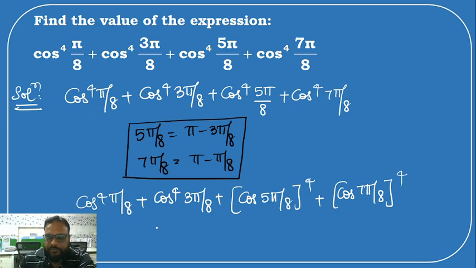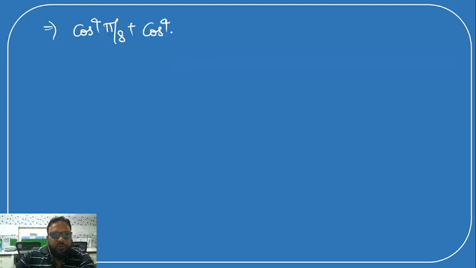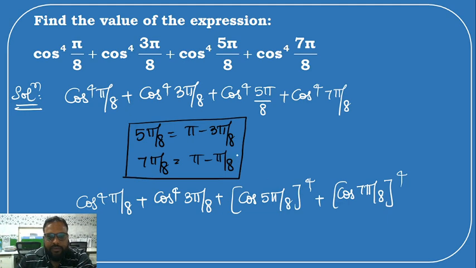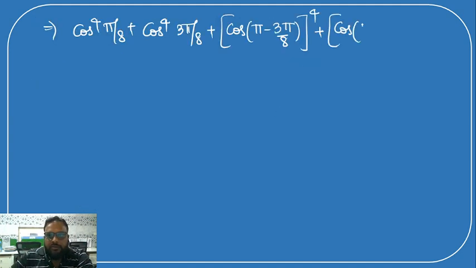Now this adjustment here, cos to the power of 4 pi by 8 plus cos to the power of 4 3 pi by 8 plus, here instead of 5 pi by 8 I will write this as pi minus 3 pi by 8, cos pi minus 3 pi by 8 whole to the power of 4 plus cos pi minus pi by 8 whole to the power of 4.